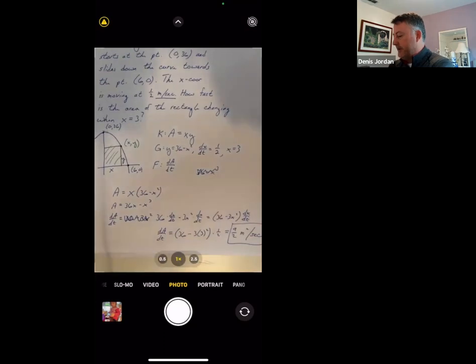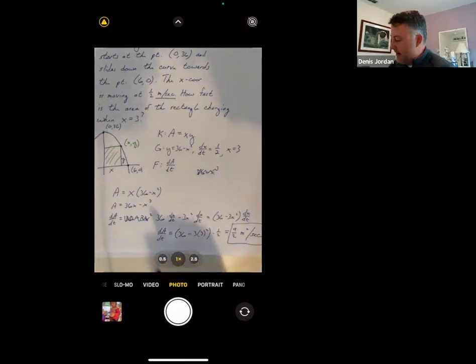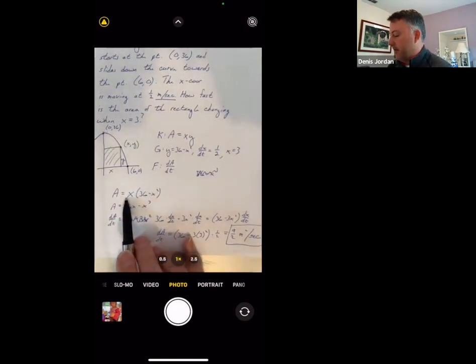All right, any questions on this one? I have one. So A equals 36x minus x cubed? Yeah, we just took this here and distributed it.